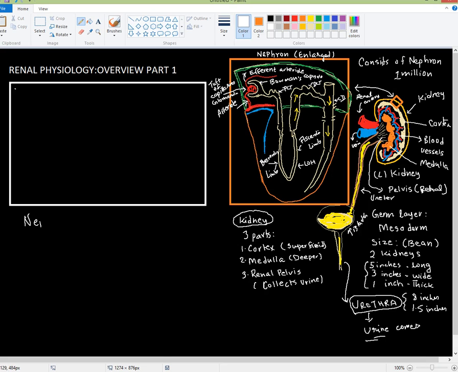I hope I'm not confusing about a nephron structure. Then we'll go to the function of the kidney. So nephron structure, nephron has two parts.